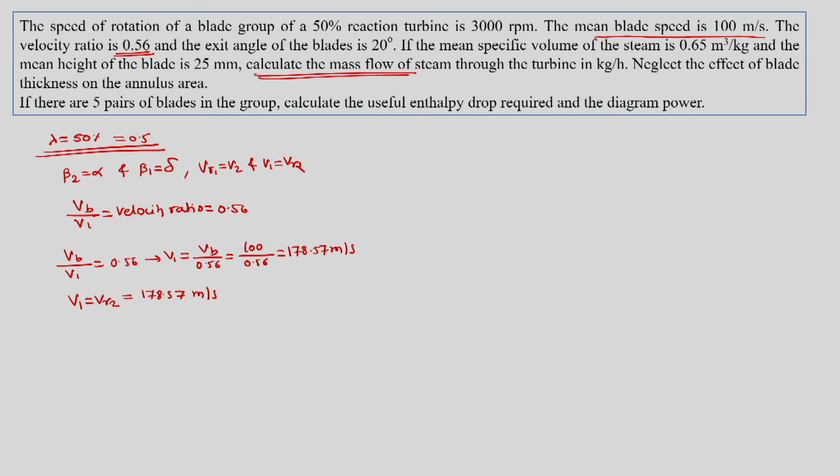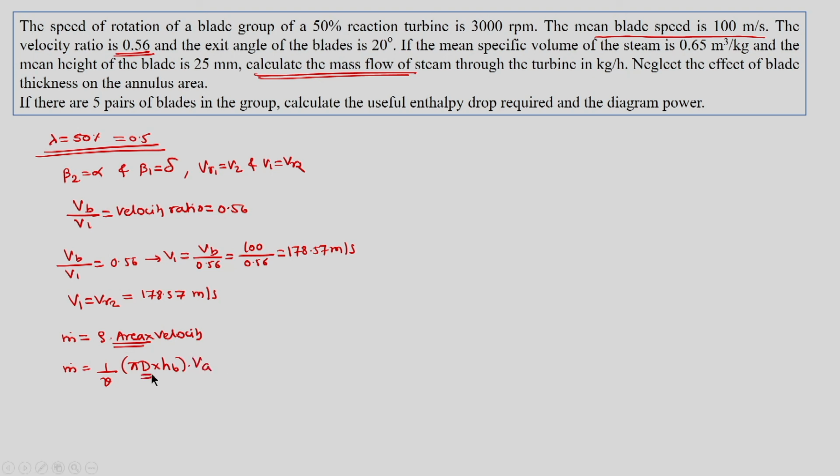Now we basically need the mass flow rate to be calculated. As we know, mass flow rate is equal to density into area into velocity. For the area, we need the diameter, since density can be replaced by 1 upon specific volume, and the area is pi into diameter into hb, into the velocity, which is Va.